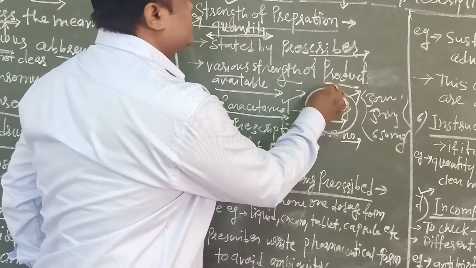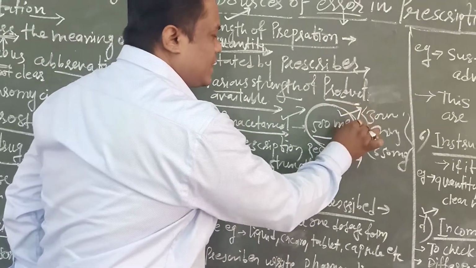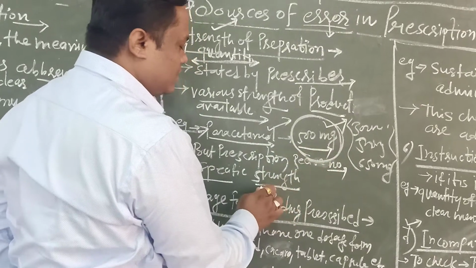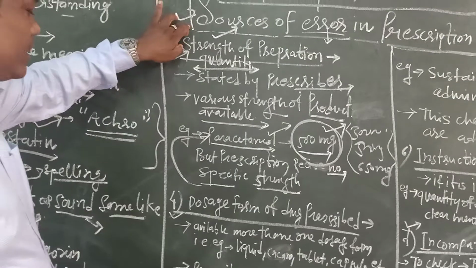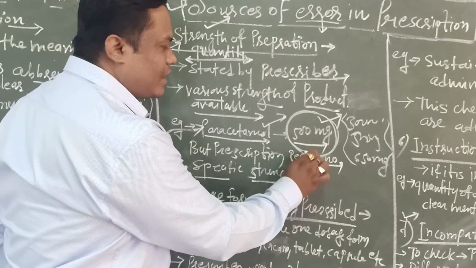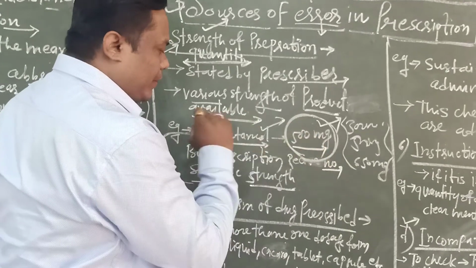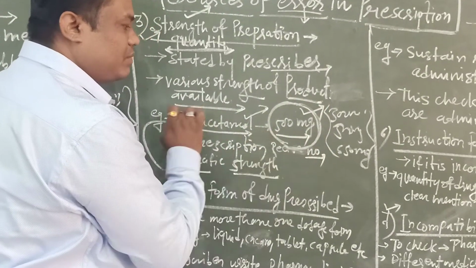Then it causes a source of error in prescription, because this 500 mg strength is not mentioned in the prescription. In this condition, to avoid these sources of error, it is the responsibility of the pharmacist to consult directly with the physician and have the particular strength written in the prescription by the prescriber.